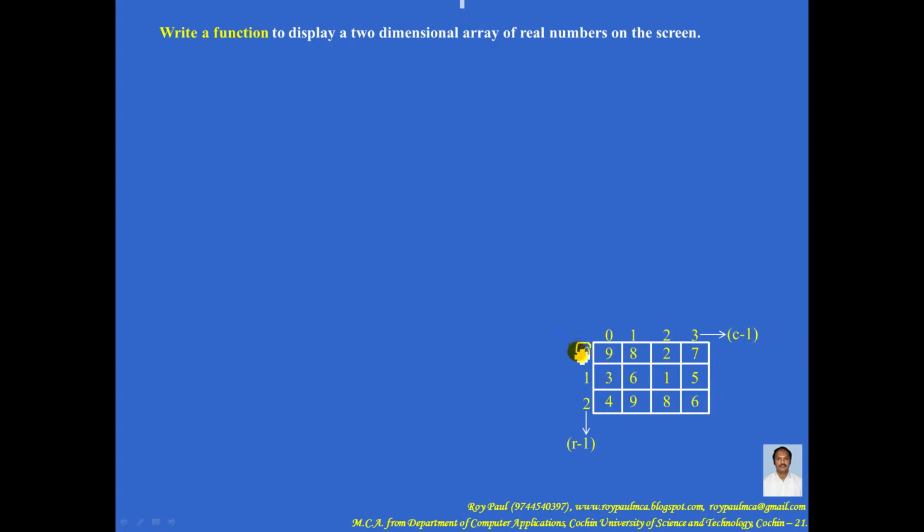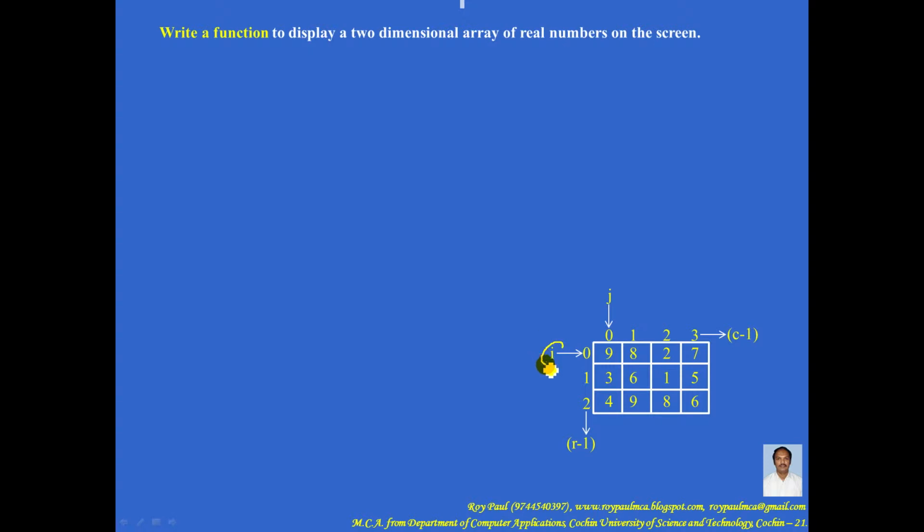Now these row indices are stored in variable i. So initially variable i will contain the first row index, then i will contain the next row index and so on. The column indices are stored in another variable, for example j.